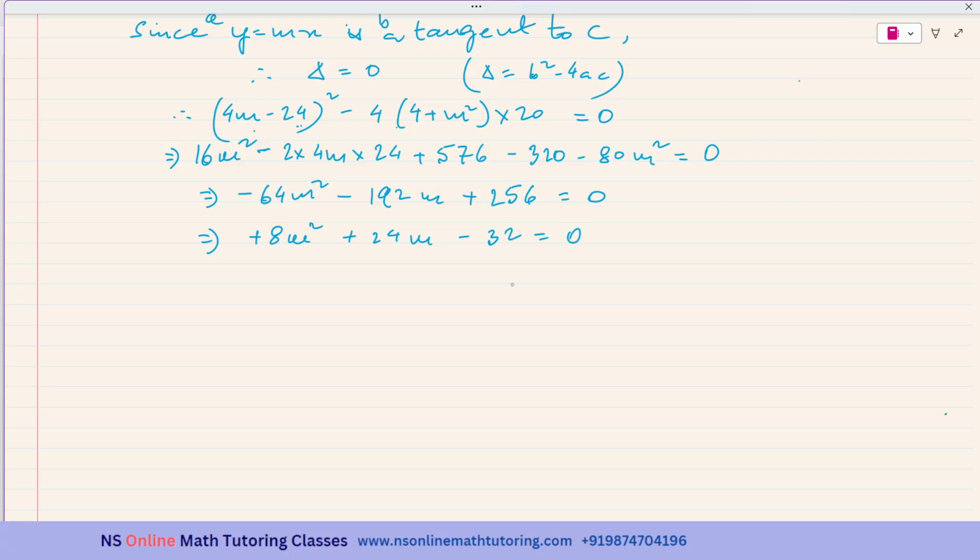Oh, I could have divided by 16. Yes. So I'm dividing again by 4. So it is 2m square plus 6m. Oh, I could have divided by 8 directly. Why did I divide by 4? Okay. So 4 times 8. Again, I have to divide by 2. So m square plus 3m minus 4 is equal to 0.